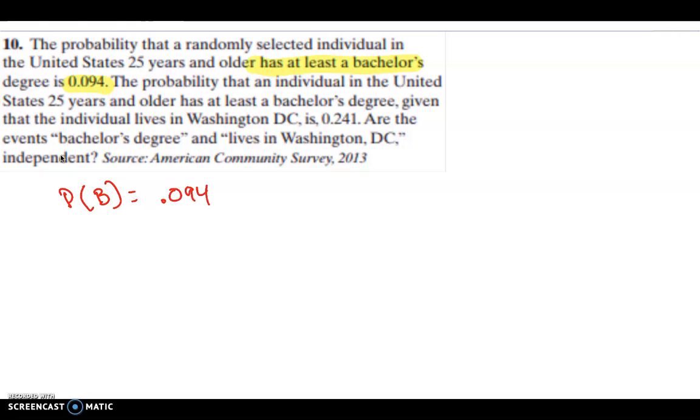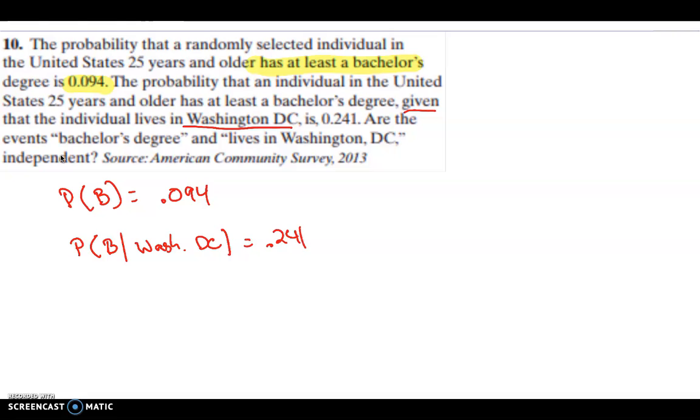The probability that an individual 25 years of age and older has at least a bachelor's degree, given that the individual lives in Washington, D.C., is 0.241.